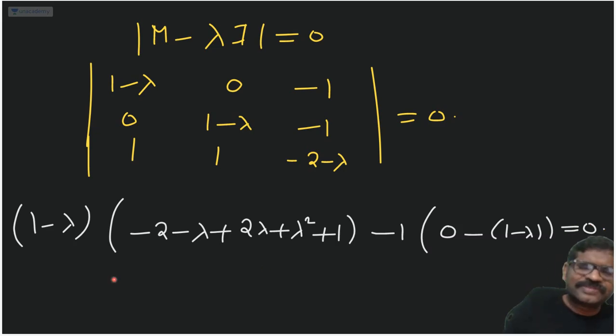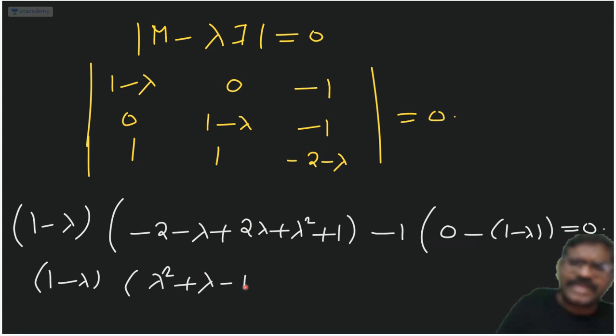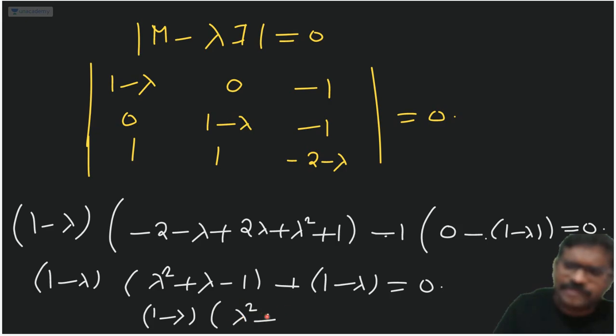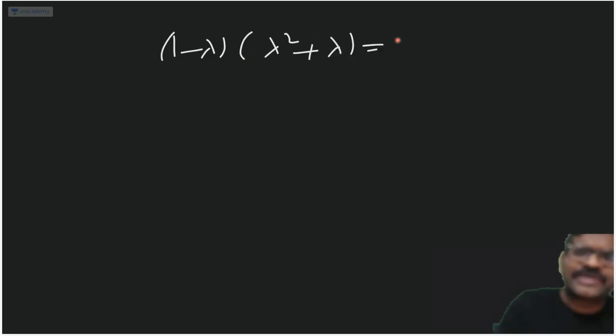From this, 1 minus lambda into lambda square plus lambda minus 1. Okay. Now, minus into minus plus, 1 minus lambda equal to 0. Do one thing, take 1 minus lambda common. Lambda square plus lambda minus 1 plus 1 equal to 0. From this, 1 minus lambda into lambda square plus lambda equal to 0.